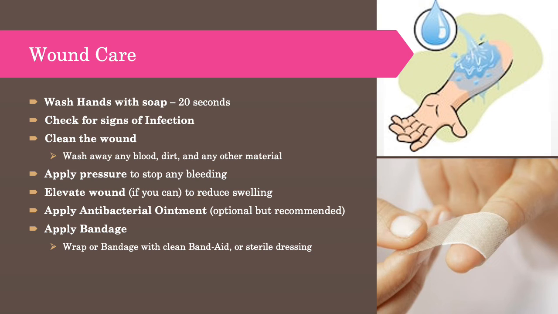Apply pressure to stop any bleeding. Elevate the wound if you can to reduce swelling. Apply antibacterial ointment. Apply a bandage, wrap, or Band-Aid, or some sort of sterile dressing.